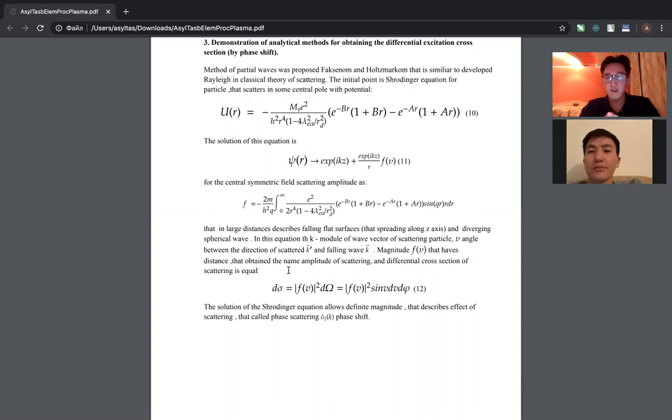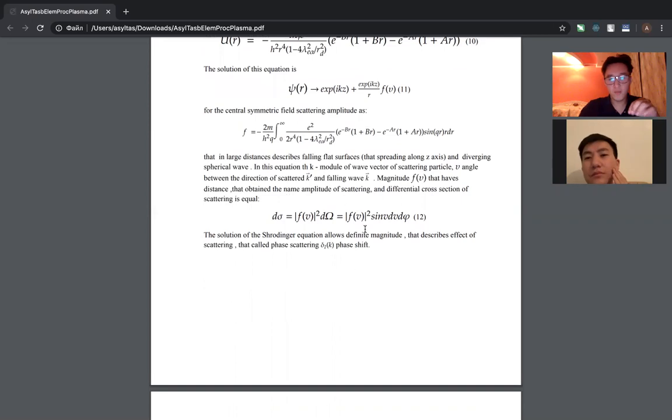divergent spherical wave. In these equations, k is the modulus of the wave vector of the scattering particle and theta is the angle between the direction of the scattered and the incident wave. The magnitude of the function that depends on the angle theta, at a given distance, gives the amplitude of scattering, and the differential cross section of scattering is equal to this formula, where our function f is squared, times d omega.